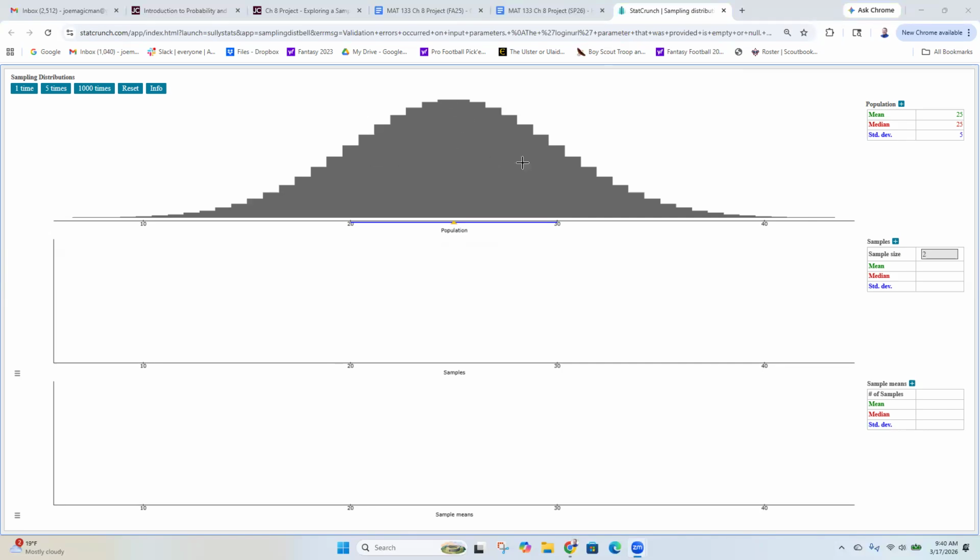But you can imagine that this population could also be like the heights of all the people in the US. That height histogram is going to look very much like a normal curve. So when we are looking at a population, usually the population is huge.